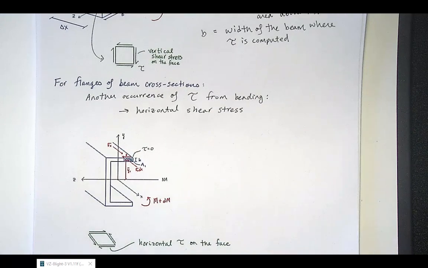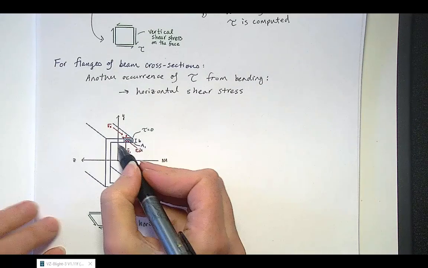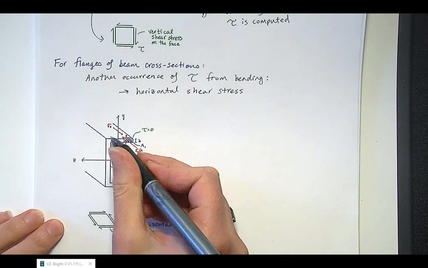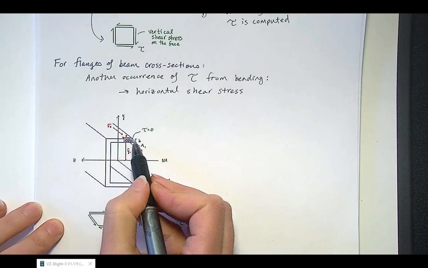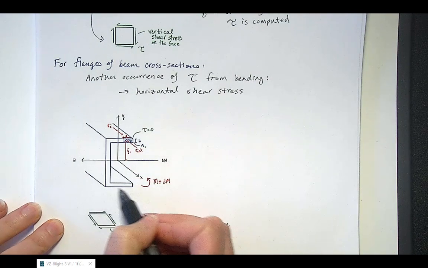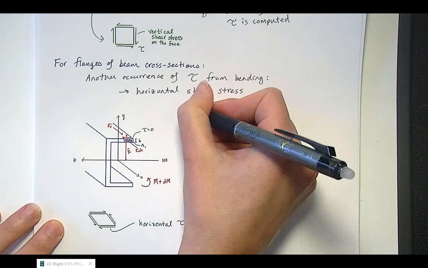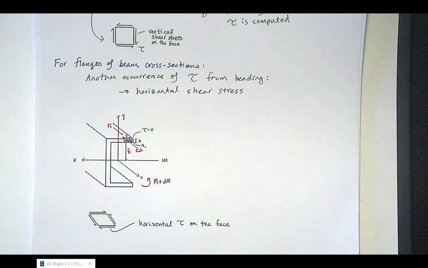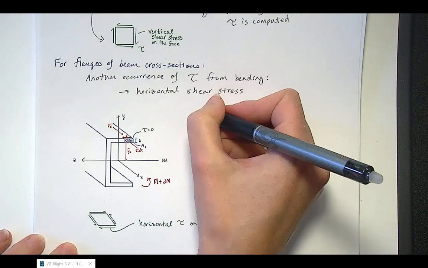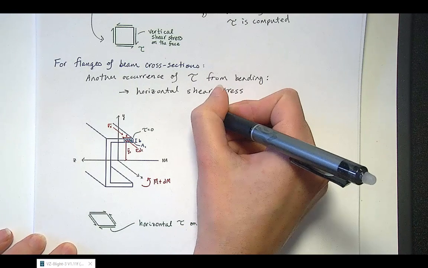So in this case, for this channel section, we would have vertical shear stress along the vertical segment, and we would have horizontal shear stress occurring on the flanges, which are oriented horizontally. So in this situation, we use the same equation to calculate shear stress, except B is the flange thickness for the horizontal shear stress.